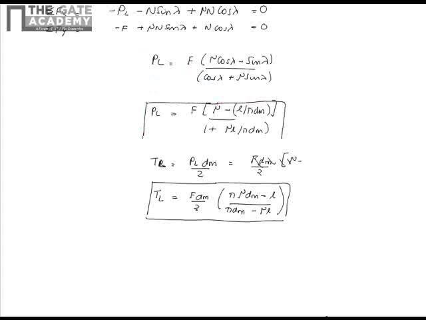In this expression, mu is the coefficient of friction, L is the lead, dm is the mean diameter. This we have already seen. Now we have got the expression for the torque required to lower the load.